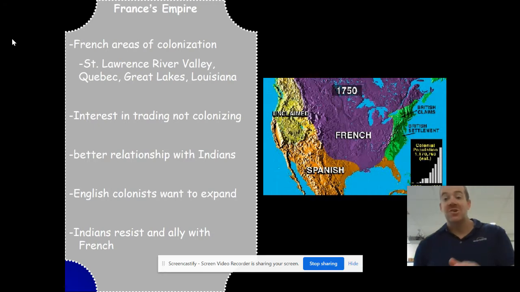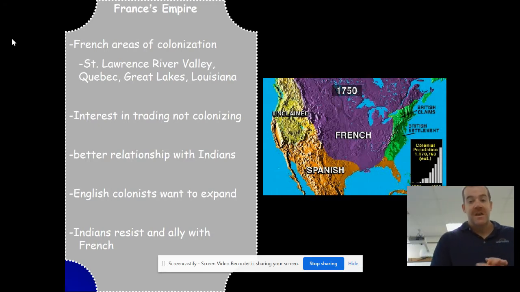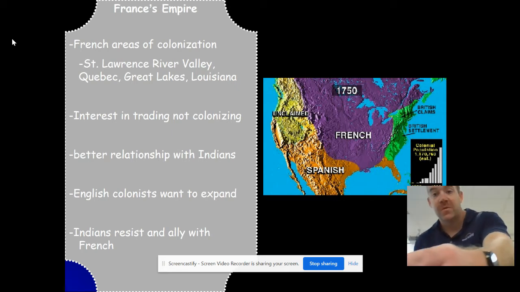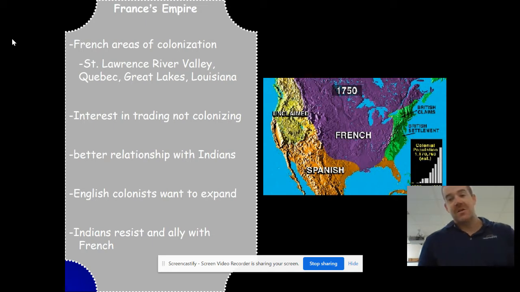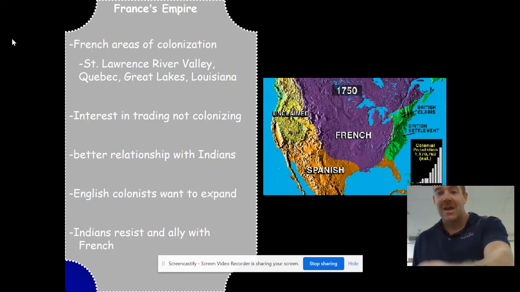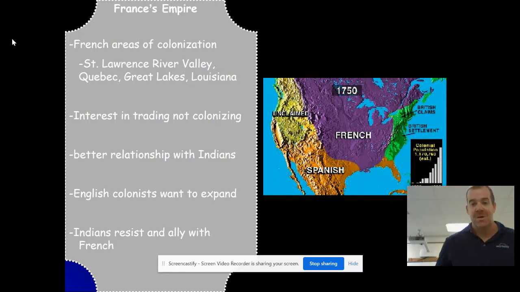They had a better relationship with the Native Americans than the English did. The English wanted to expand into France's territory. Basically, the English border is in line with the Appalachian Mountains, that mountain chain. They wanted to move past that and keep exploring more land, because land is money.